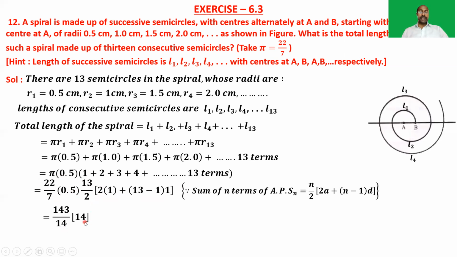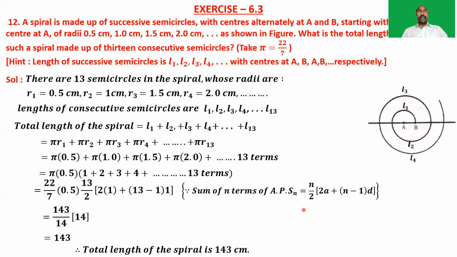By cancelling 14 in both numerator and denominator, we remain with 143. That is the sum of 13 terms, the sum of all semicircles. So the total length of the spiral is 143 centimeters.